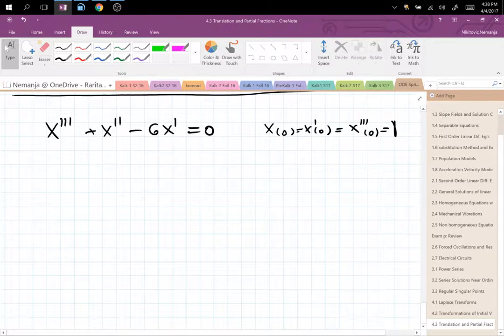Do you not know x double prime? That's x double prime, yeah. There's only x, x prime, and then x triple prime. It's supposed to be a double prime. Can you erase it?